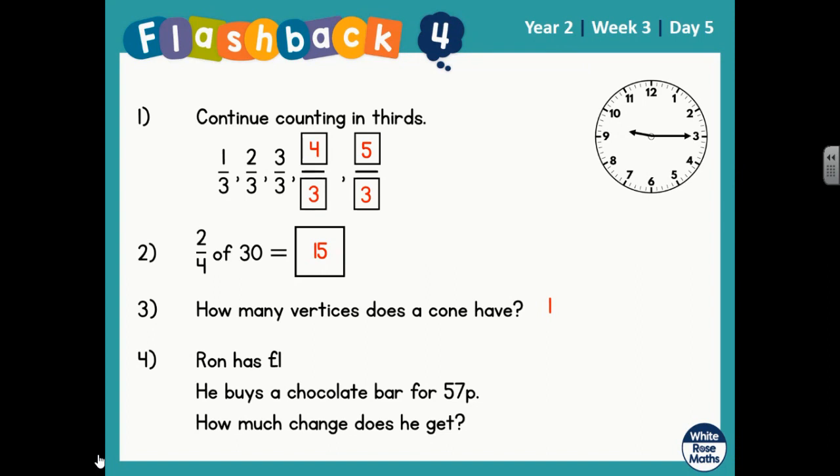I'd like to have a look back at yesterday's flashback 4, because this is a very similar question to yesterday's. I wonder if you subtracted 57 from 100, or if you found the pairs of numbers that go with 57 to make 100. What was your answer? Did you get 43?